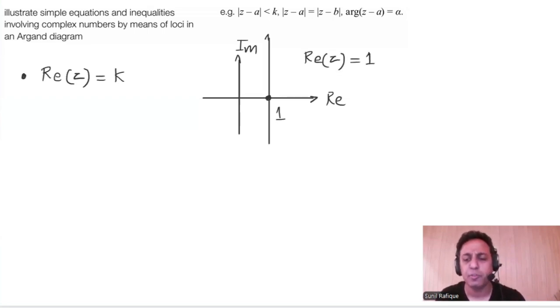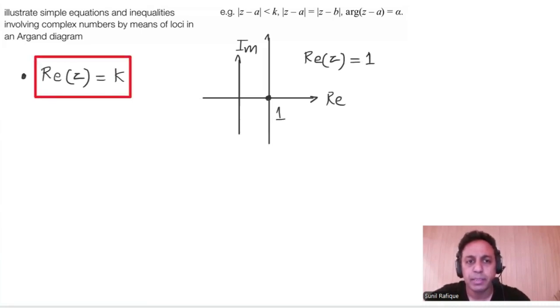It might be real of w or real of u or real of v. So in this case, I'm just taking this. Make sure you have noted this down somewhere. This is type 1. So I can write the name as well. This is vertical line.